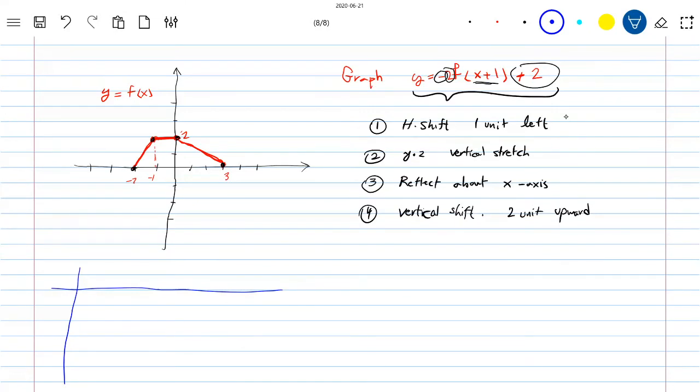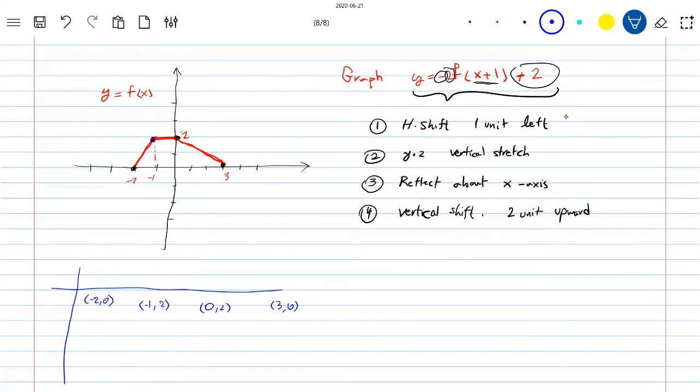The given points are -2 and 0, then -1 and 2, then 0 and 2, and then the other point is 3 and 0.